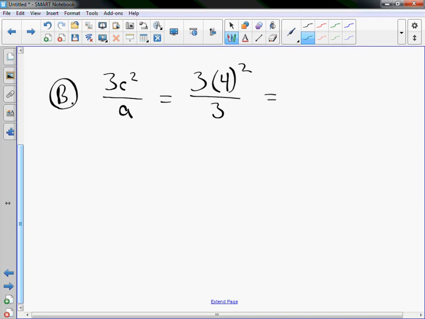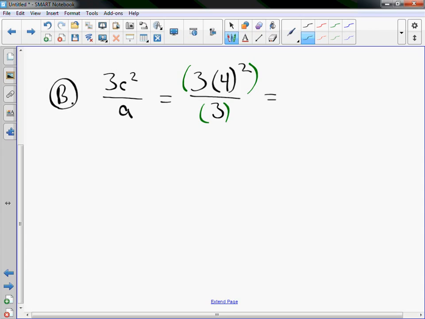Okay, fraction bars are last, because we remember in order of operations that we pretend that we have big grouping symbols on the top and the bottom, in the numerator and in the denominator.